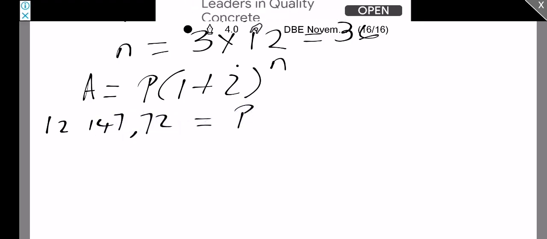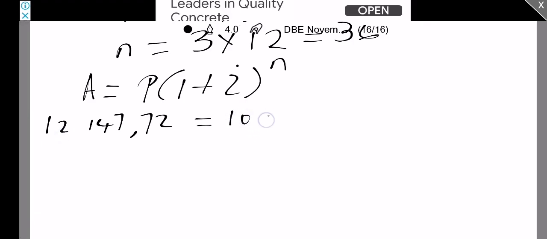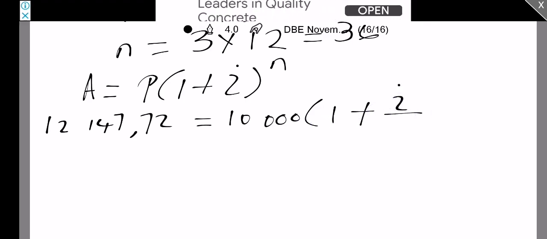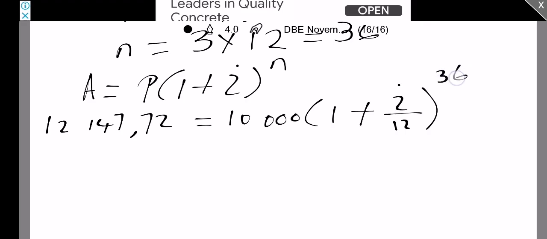P was 10,000, times (1 plus I). Very important, guys: since it's compounded monthly, we're going to divide I by 12, just like we multiplied 3 by 12, which gave us 36.